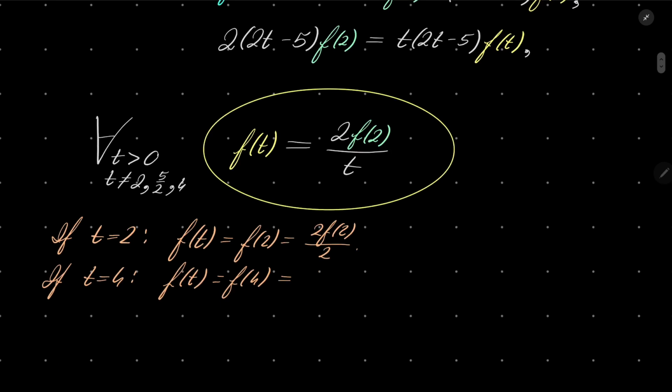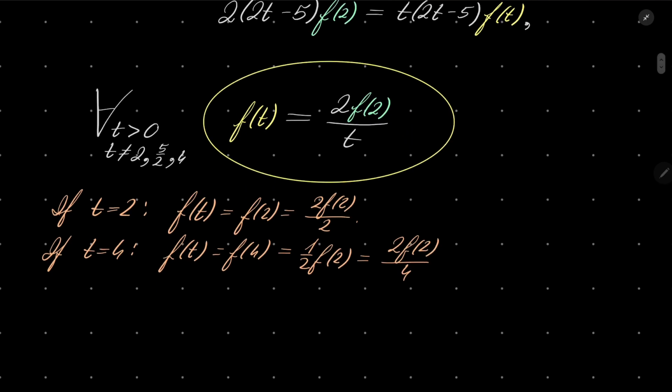So it's 1/2 f of 2, and 1/2 f of 2 can be written as 2f of 2 over 4. So this formula also holds for t equals 4. And finally, what happens at 5 over 2?